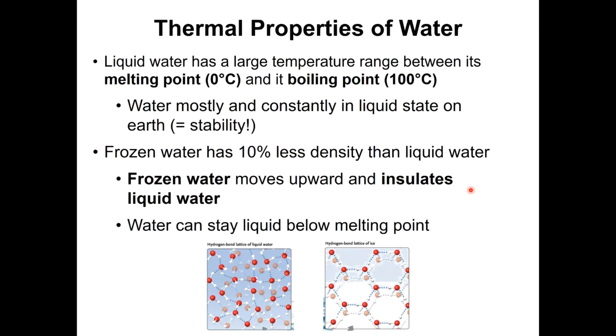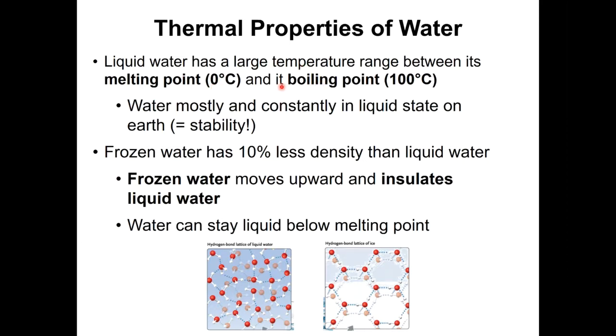This theoretical range is between 0 degrees, which is referred to as the melting point, where water will become solid, or from solid will go to liquid, and 100 degrees, which is referred to as the boiling point of water, where water would evaporate, or from a gas would turn into liquid.